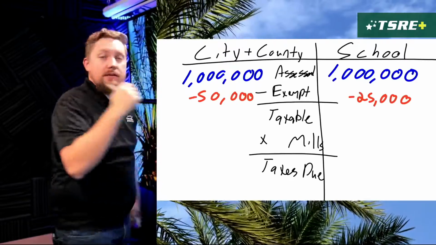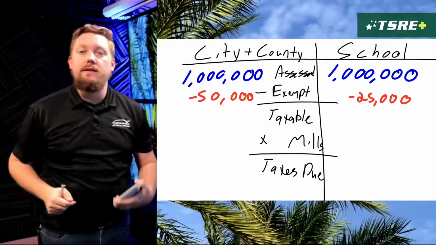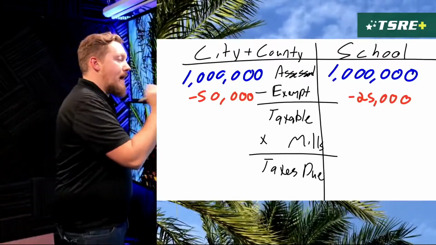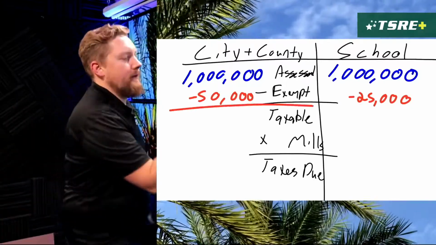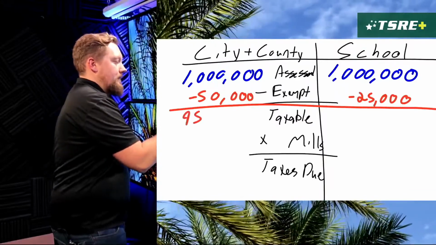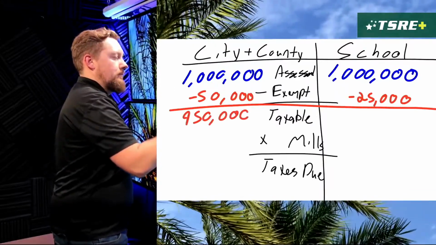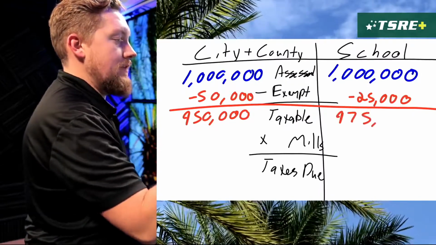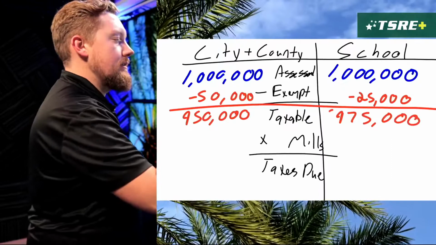Even though this is a $1 million property, it could be a $100,000 property or a $1 million property. As long as it's above $75,000, you max out the exemption amount there. So over here, we're going to have $950,000 taxable. And over here, we're going to have $975,000 taxable.